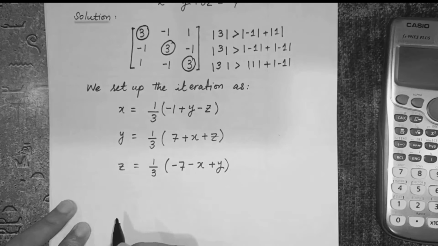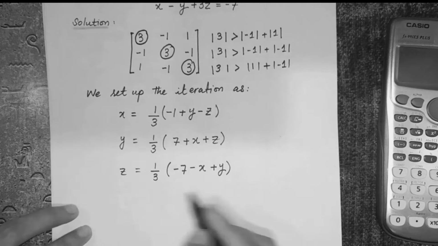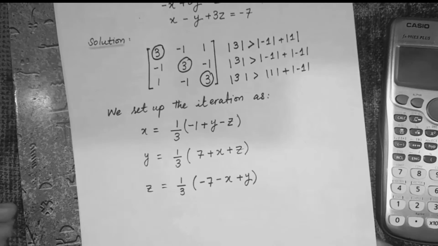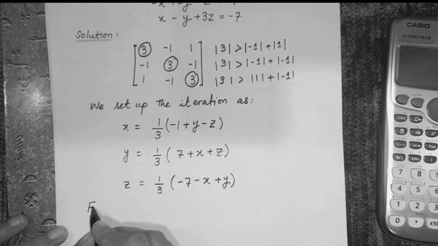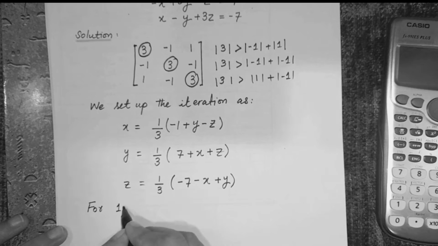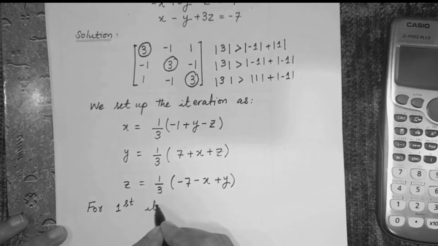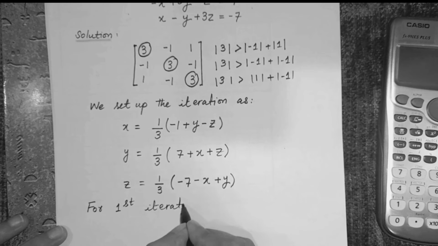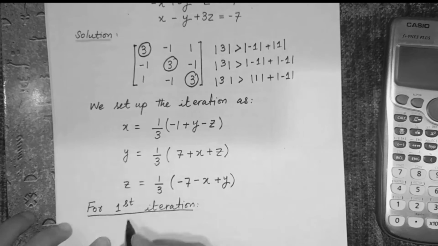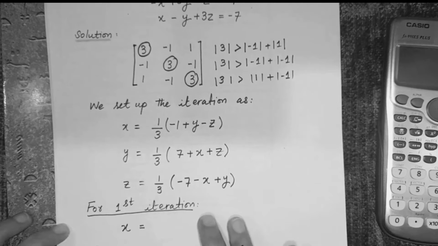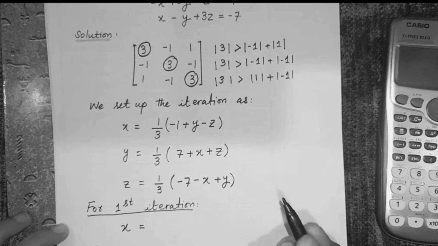In the Gauss-Seidel method we have to set up our system like this. Here we have x for the first iteration. Now x is equal to, for the first iteration, as we know that it is an iterative process, we have to take an initial guess.